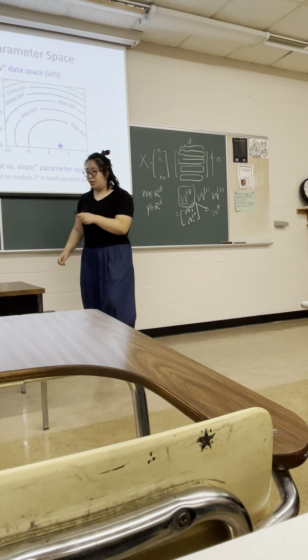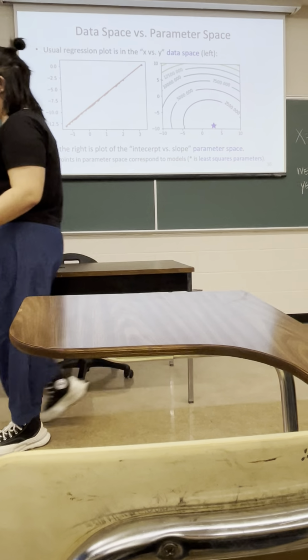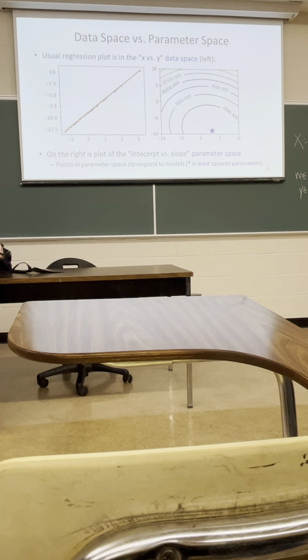So don't be confused about these two definitions, because they refer to different things. By parameter space, you might be thinking of the feature space, but you are confusing it with data. Feature means the feature of the data, the feature of the training data, so it's related to the data space.